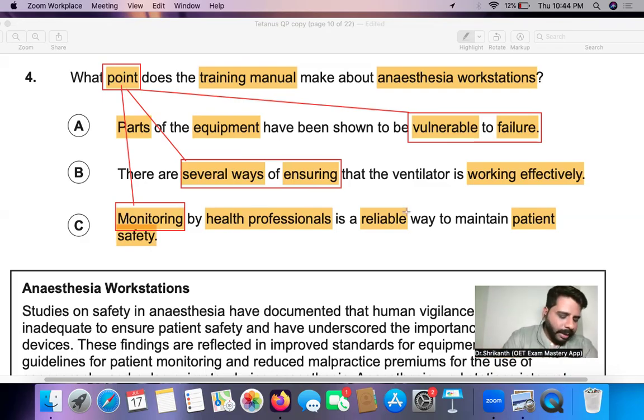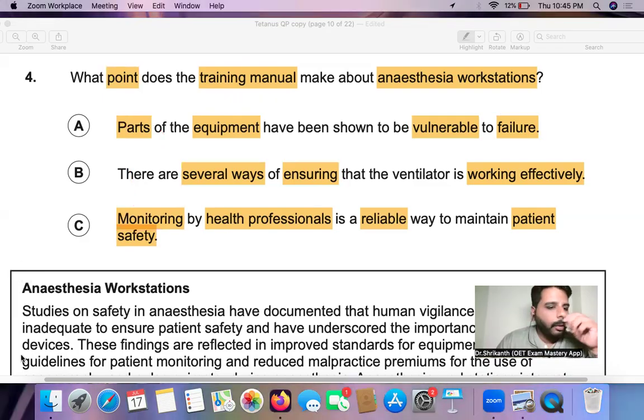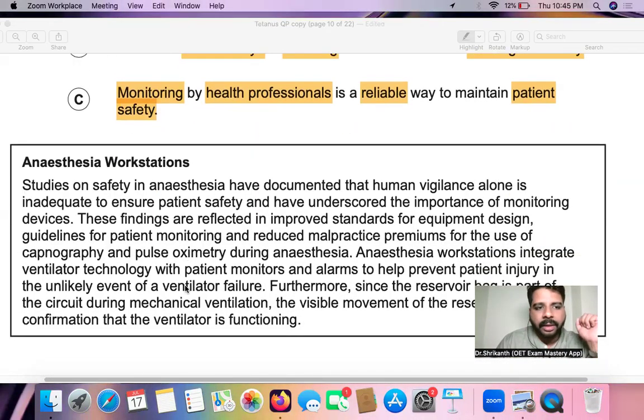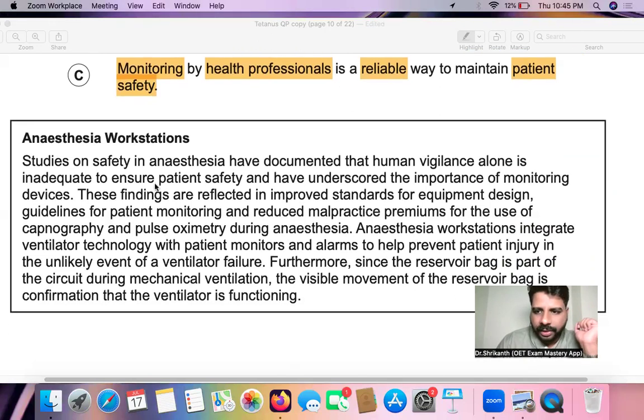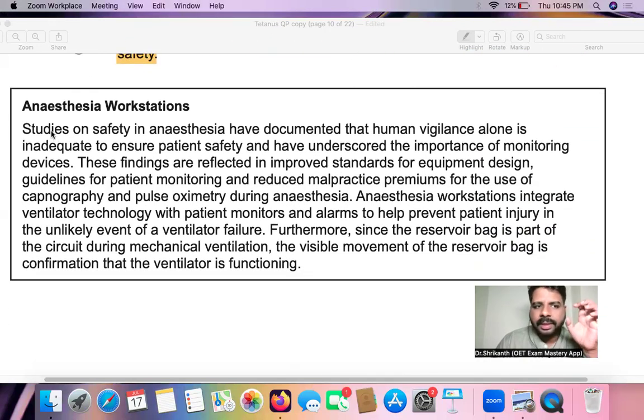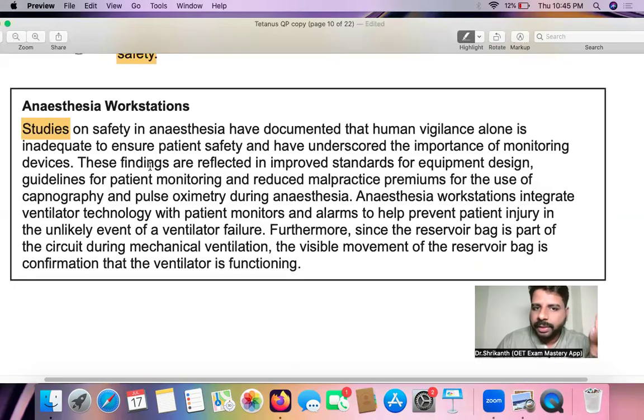Okay, so now let's read the paragraph over here. Now we have to scan for the information. Anesthesia workstations. Studies basically means research. A lot of research has happened. That is the meaning of studies over here.